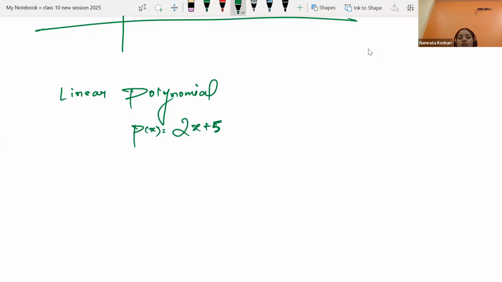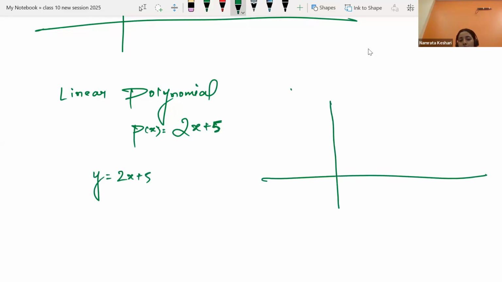At that time you can write your polynomial as y equals 2x plus 5 and plot the graph. It will show a straight line, hence the name linear. Whenever we plot a degree 1 polynomial, it will always be a straight line, and hence the name linear. Got it?